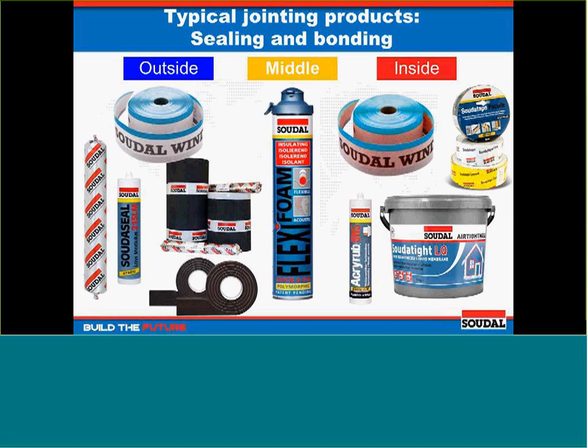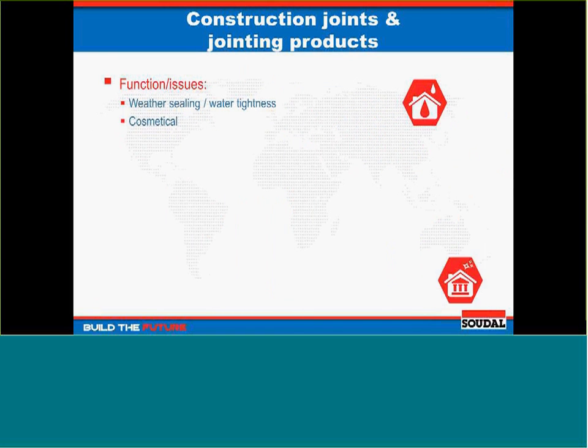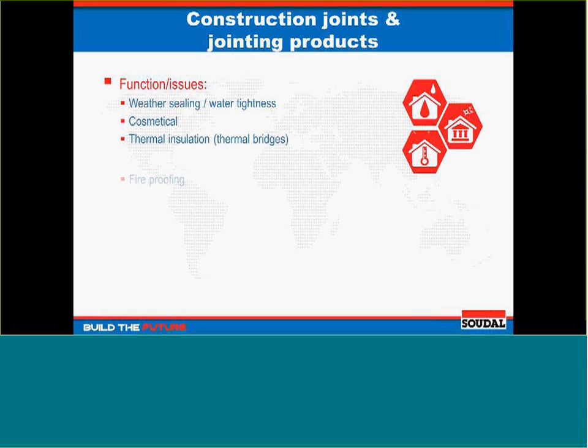Now, just to make clear what products we are talking about, these are typical jointing products. Sealing and bonding is what they do. They are used in the intersection between several construction elements, a wide variety of products, as you can see. Now, they fulfill a lot of functions in practice.